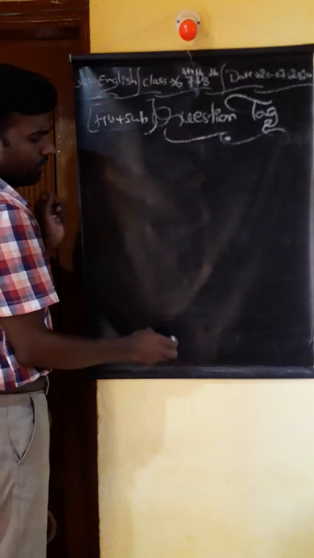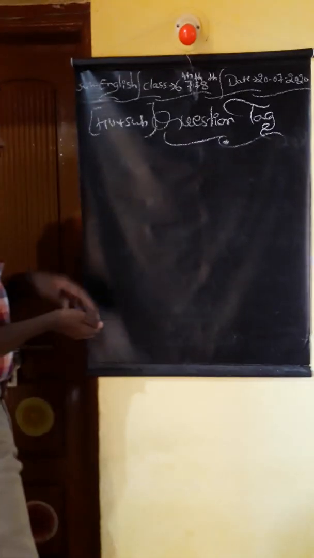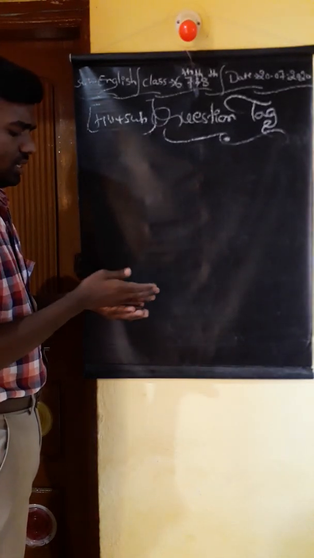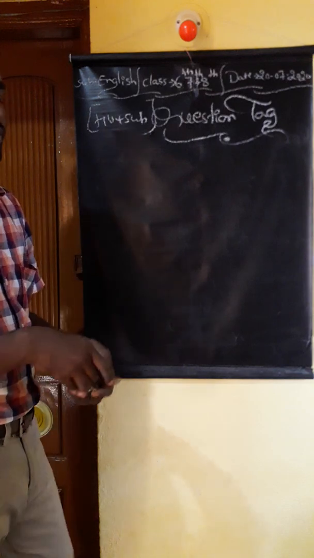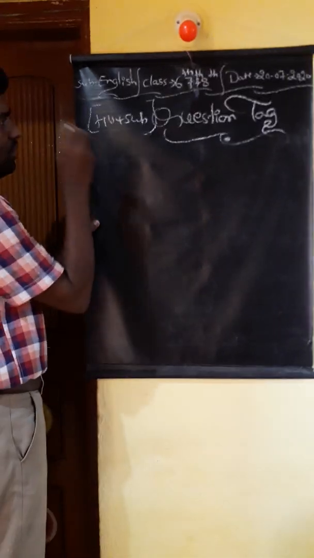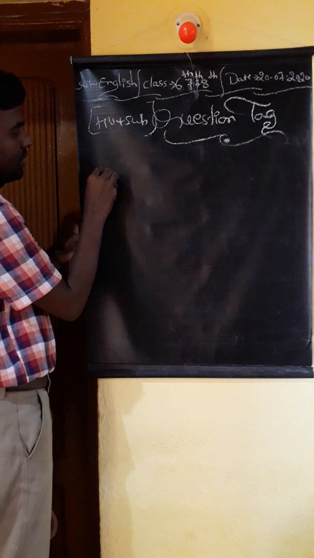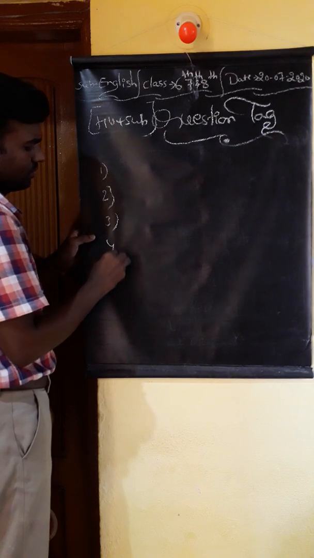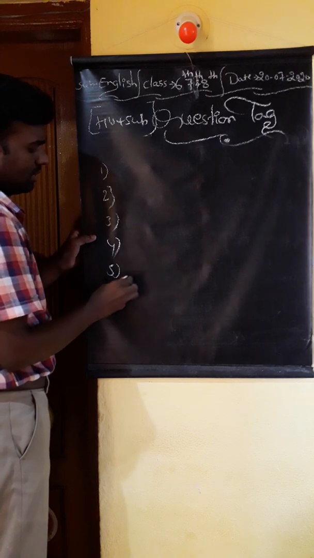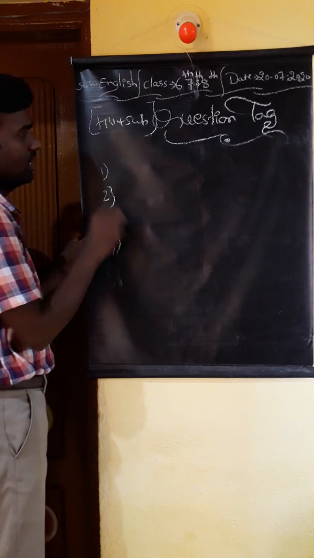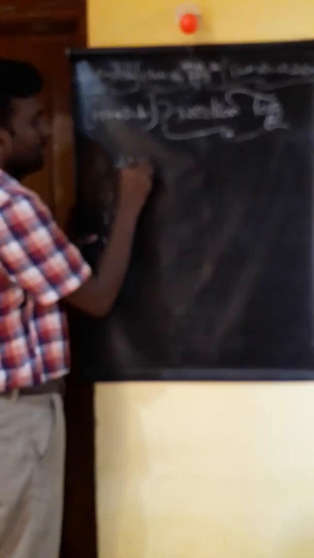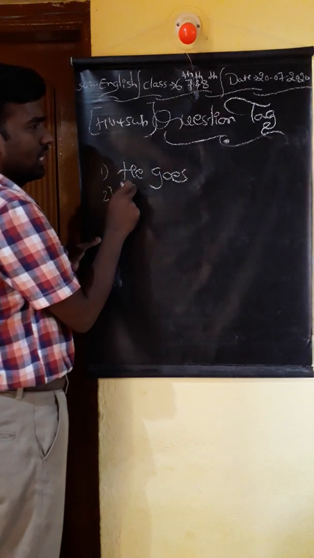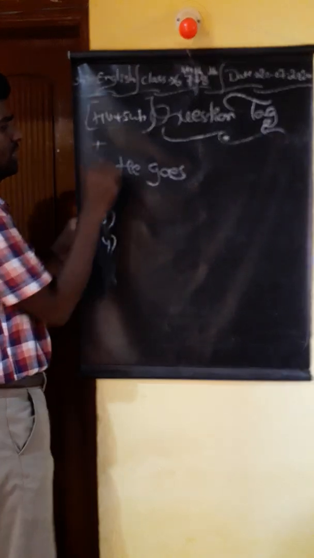In tense we learned the application of the subject with the helping verb also. Now I am going to apply the question tag part for the present tenses. For example, he goes. It is a statement, and obviously a positive statement.